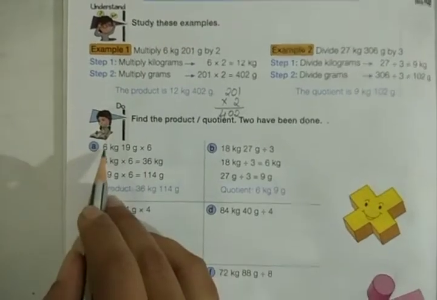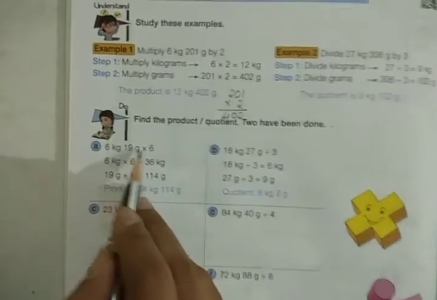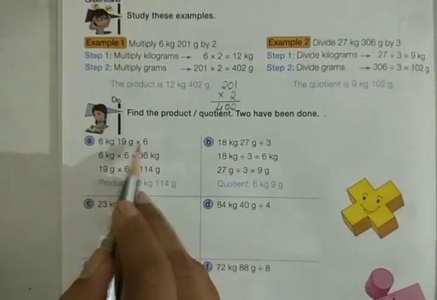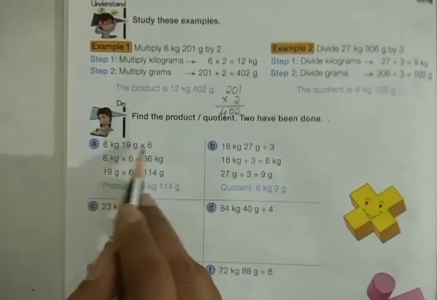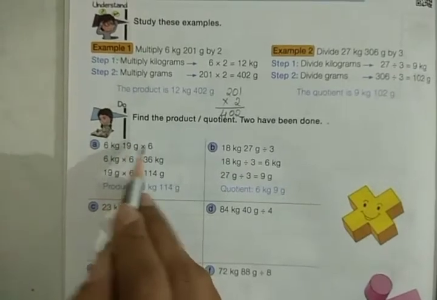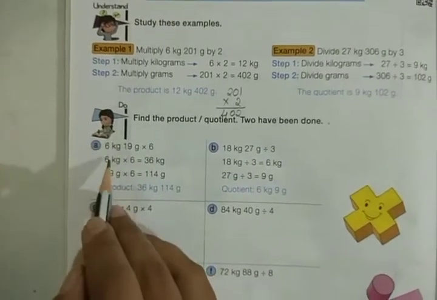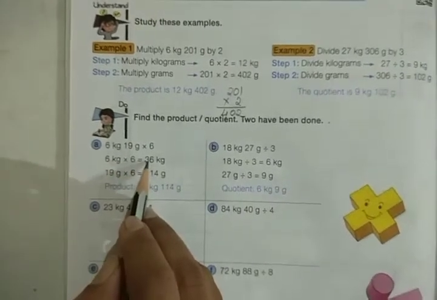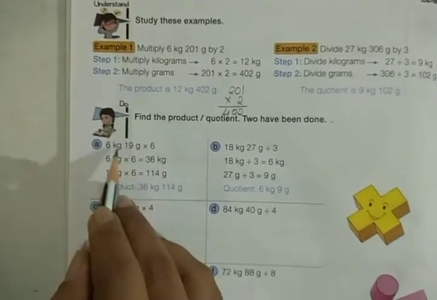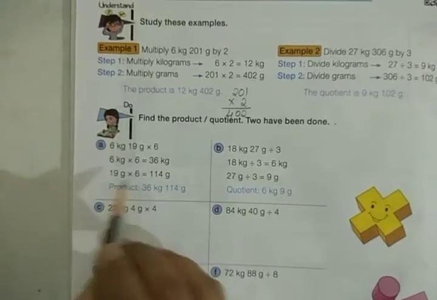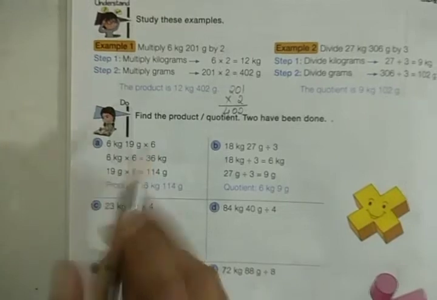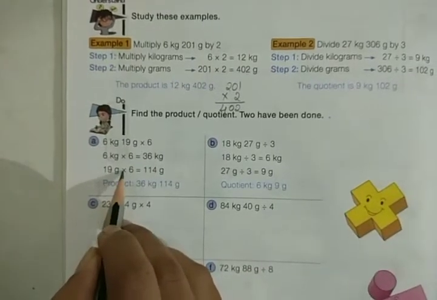One more example. 6 kg 19 gram multiplied by 6. First we'll multiply kg with 6 and then gram with 6. 6 kg into 6, 6 6s are 36. 36 kg. First we need to multiply with the kg, then with the grams. Then 19 grams into 6.